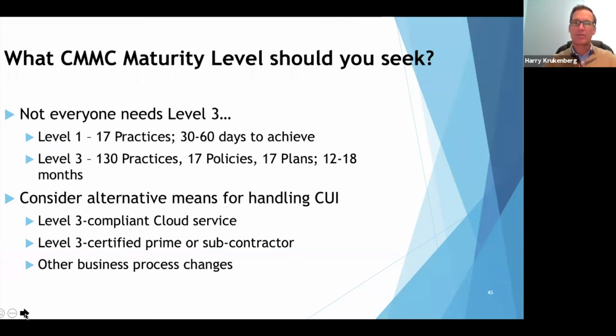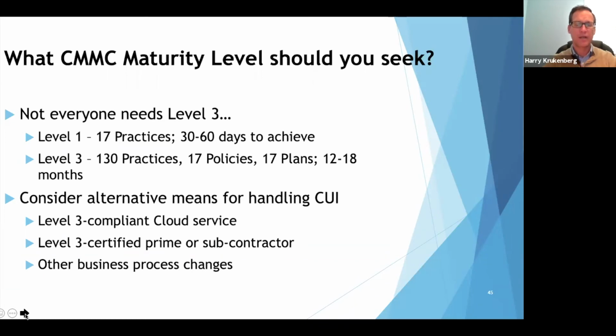So what happens? Any CUI is handled only by and only within the confines of that level 3 compliant subcontractor's computing environment. So anyone who's working on the contract that needs to access CUI goes through that level 3 certified system, and only through that level 3 certified system.